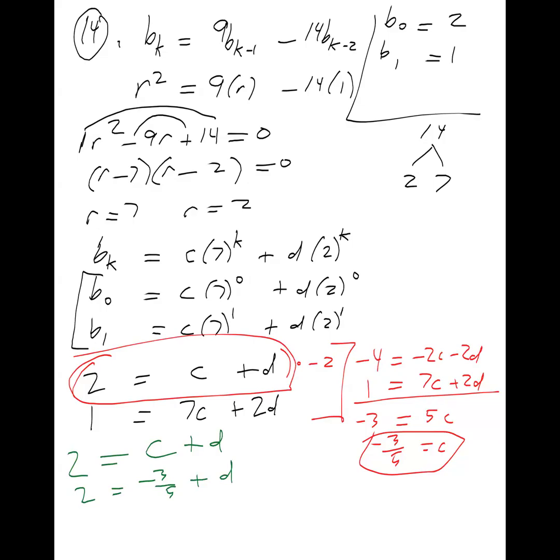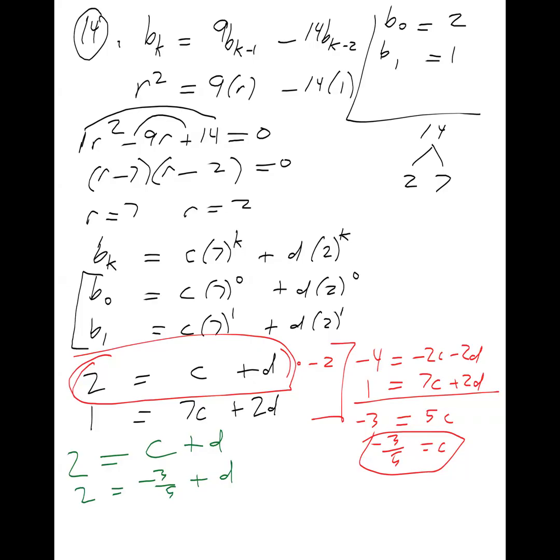I got this problem from the book. I'm going to try to give you a problem on the test that has a whole number, hopefully, so it's not a fraction.